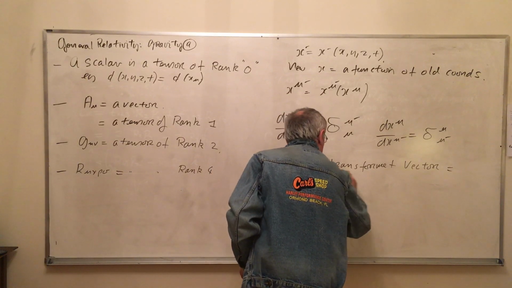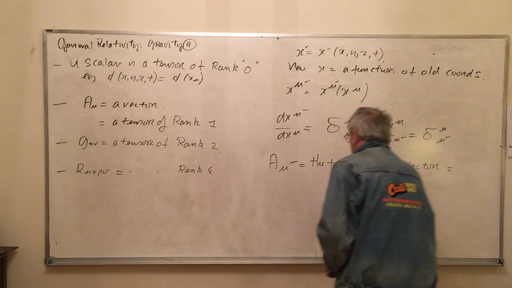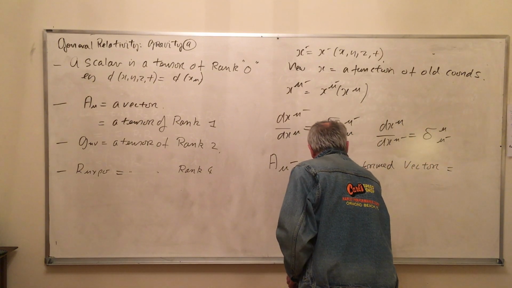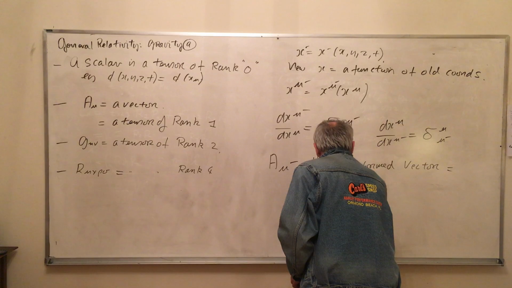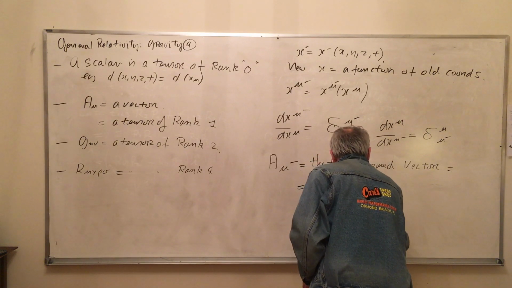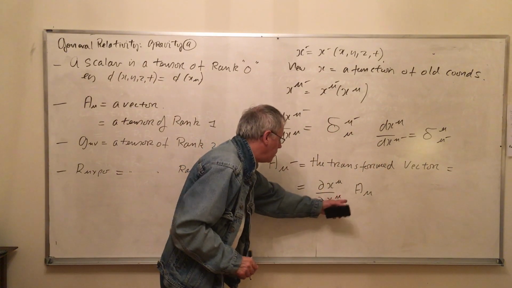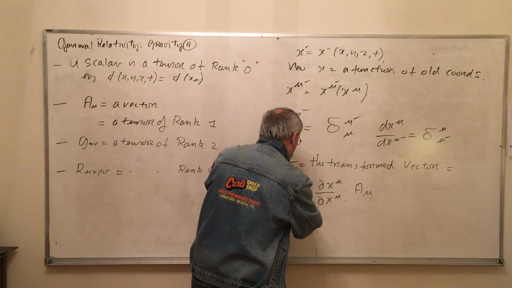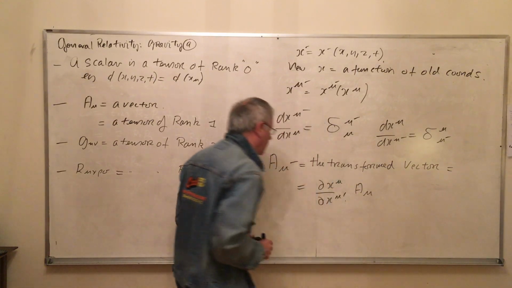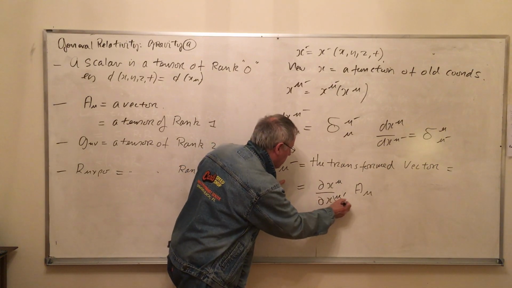Okay, so transform. We take the derivative and sum over the mu's. Which mu's? These mu's, because we're talking about a single mu, the dashed mu. Remember, you can't have three indices the same. This is a free index.